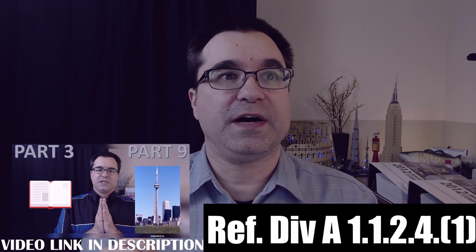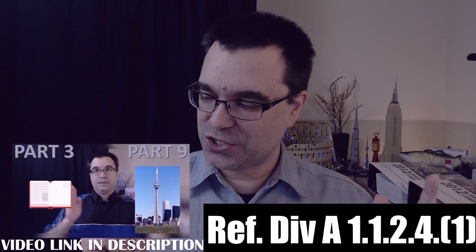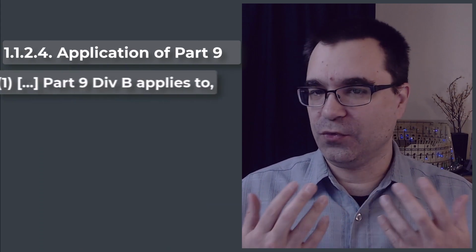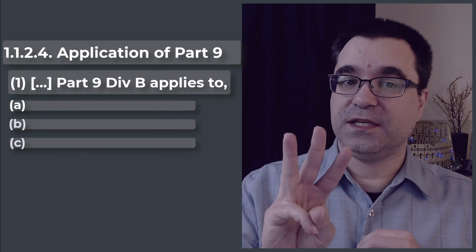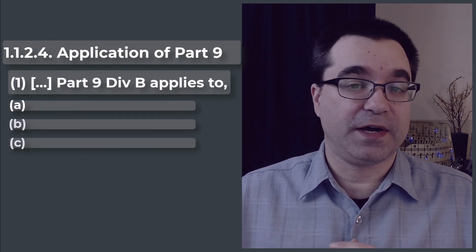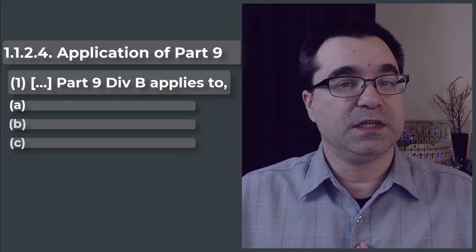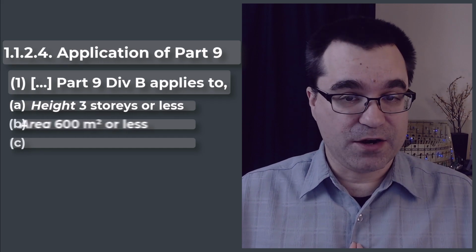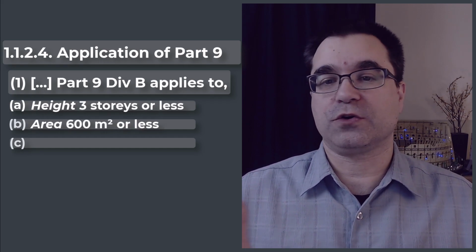An example of this in the Ontario Building Code is the list of conditions to identify a Part 9 building, which, if you refer to Division A under sentence 1.1.2.4.1, there are three conditions that are required to identify a Part 9 building. First, the building height must be 3 stories or less. Second, the building area must be 600 meters squared or less.